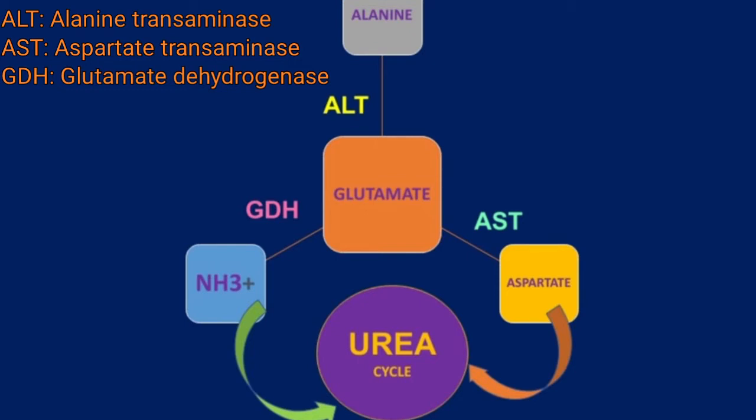There are other transaminases that do the same thing, donating their amine to alpha ketoglutarate to form glutamate. What's left from alanine is the keto acid of alanine, which is pyruvate.